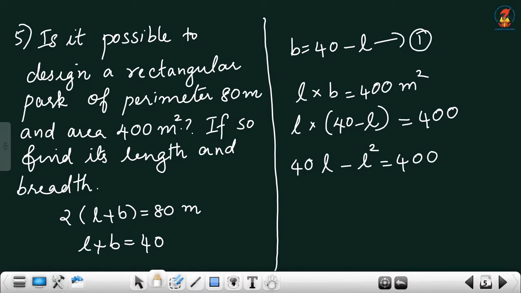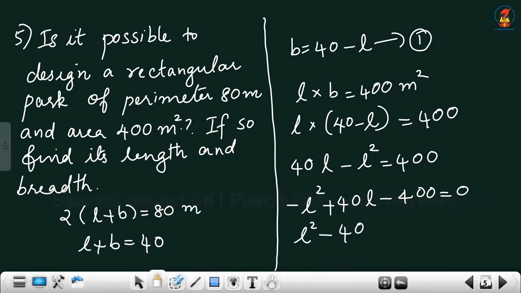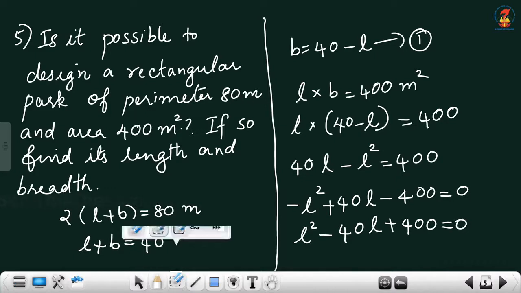So, it is minus L square plus 40L minus 400 is equal to 0. Then changing the sign throughout, it is L square minus 40L plus 400 is equal to 0. This is the quadratic equation. L square minus 40L plus 400 is equal to 0.